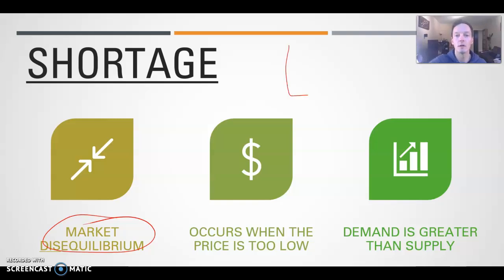As we know, and I'll just draw it up here, a market that's at equilibrium has supply and demand meeting in the middle, meeting at a price that both suppliers and consumers are willing and able to exchange. But there are times where we don't have an equilibrium.